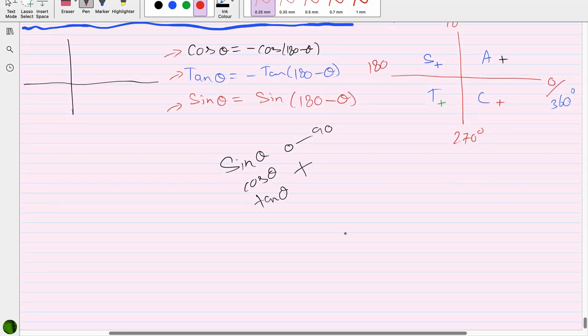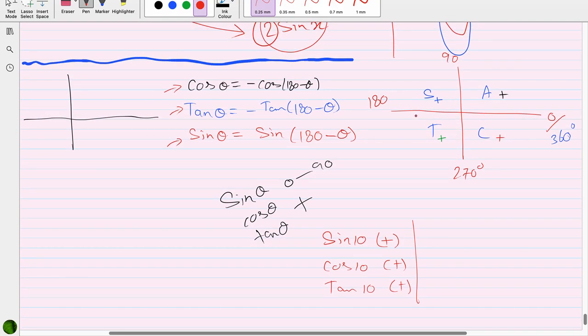For example, if I say sine of 10, whatever it will be, that will be positive. Cos of 10 will be positive, and tan of 10 will be positive. And if we cross 90 degrees, from 90 to 180, let us say we talk about sine of 110.